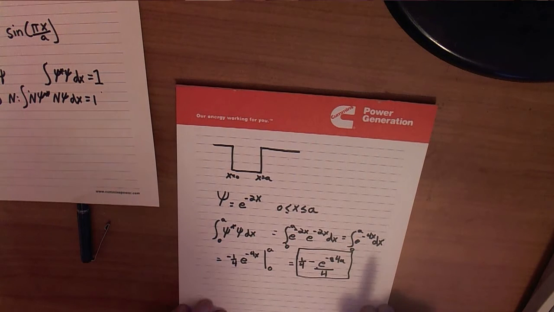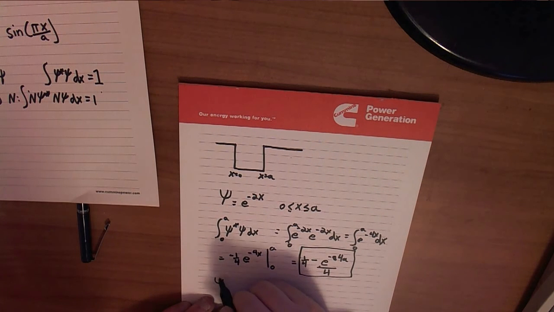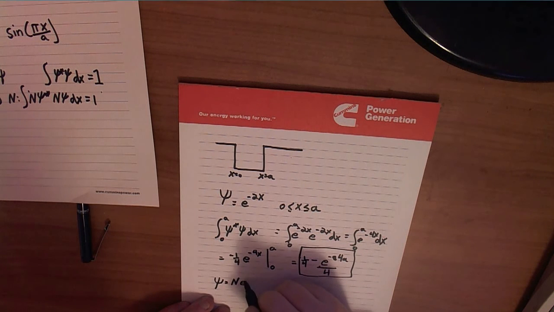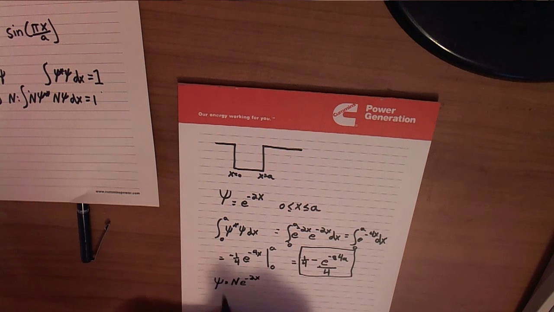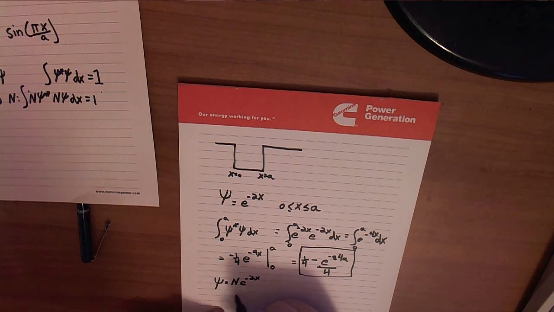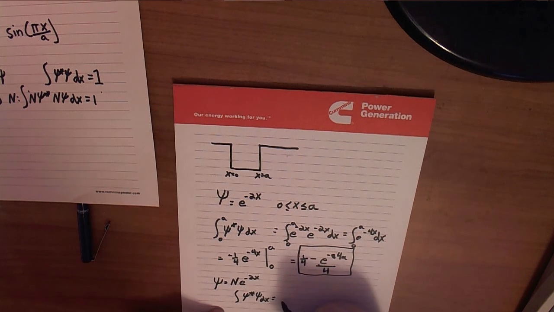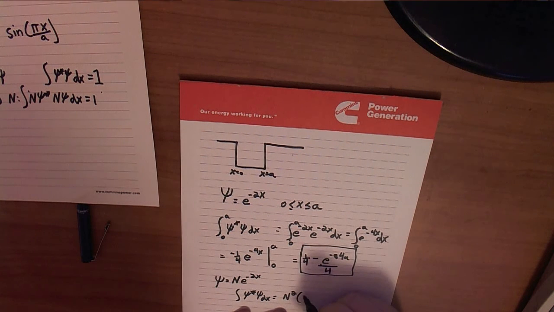So to normalize it, what we're going to do is we're going to say psi is N e to the minus 2x. So now, if we integrate this, psi star psi dx, we get N squared times 1/4 minus e to the minus 4a over 4, right?